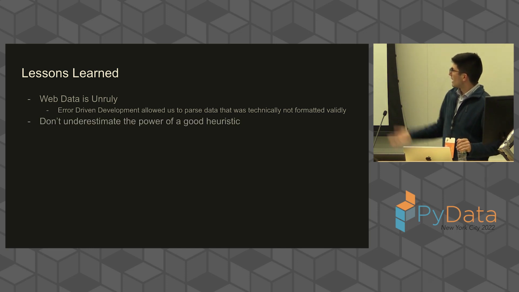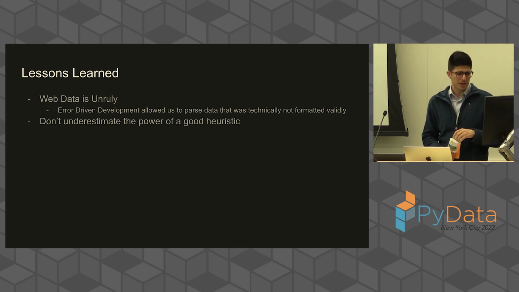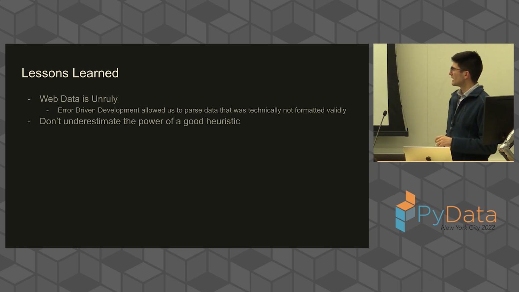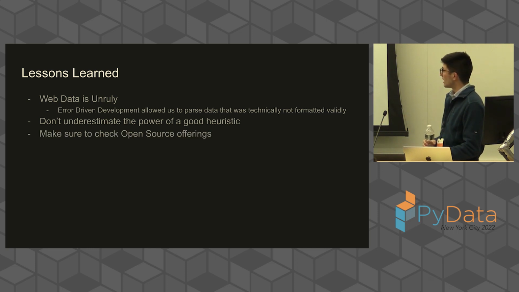Don't underestimate the power of a good heuristic. There are lots of machine learning solutions you can read about in academic literature for doing entity linking and disambiguation. In our experience, they don't perform so much better than quick heuristics. They are sometimes wrong, but in general can provide okay performance for far less computational cost.